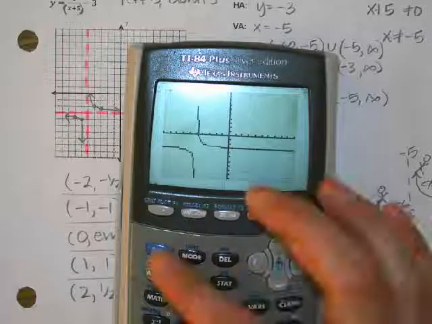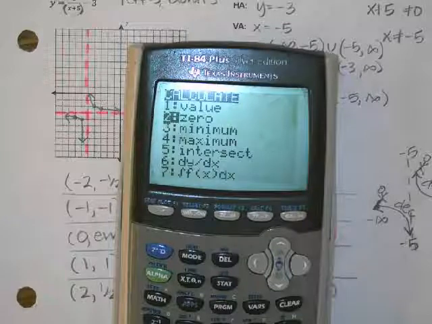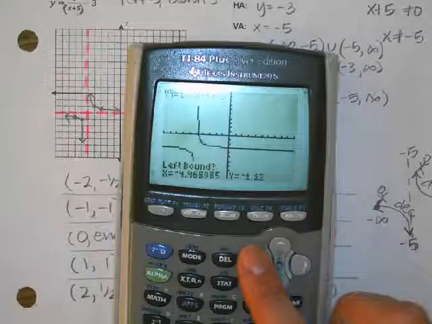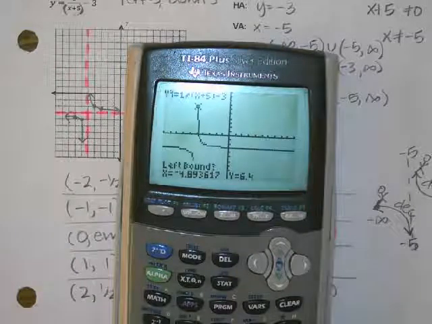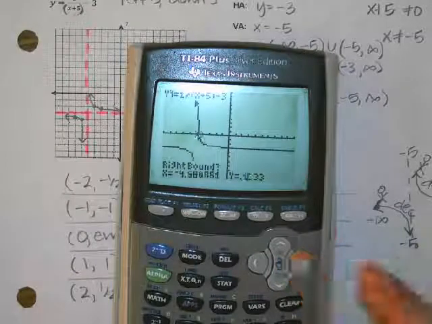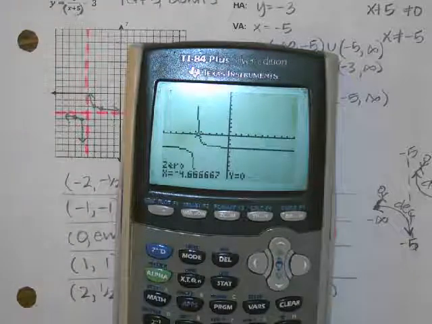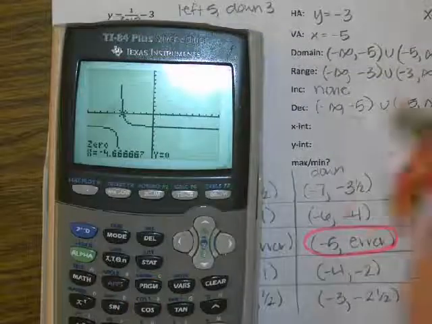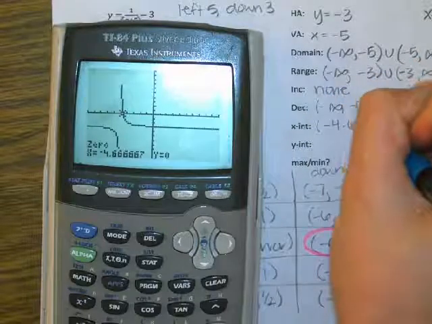All right, so I'm going to do second trace, option number 2. Left bound, press enter. Right bound, press enter. We're going to round this to 3 decimal places. So what should I write? Negative 4.667 comma 0.